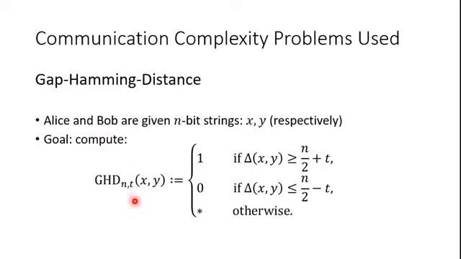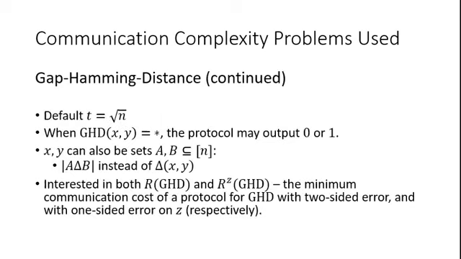The goal is to compute GHD with parameters n and t, which basically says that if the Hamming distance is at least as large as n over 2 plus this t, then they output 1, and if the Hamming distance between them is less than or equal to n over 2 minus t, then they output 0, and otherwise, once again, they can output either 0 or 1. Here too we will have a default value for t: if we don't mention it explicitly, it's going to be the square root of n.